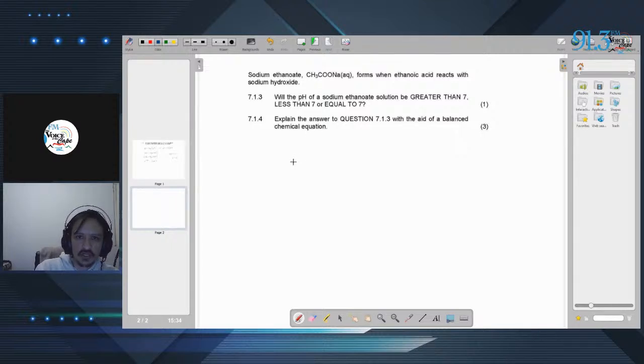So we've got ethanoic acid, which is CH3COOH. We're going to react that with a base, which is sodium hydroxide. So we've got a weak acid reacting with a strong base. This is going to give us CH3COONa.